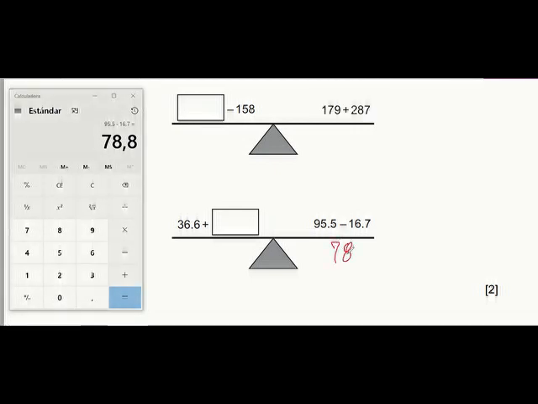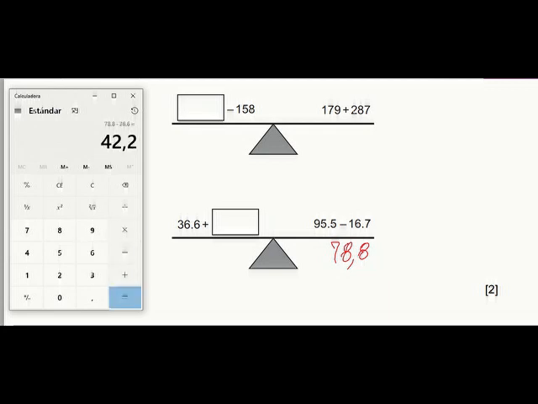78, do not scratch your paper, write it somewhere aside. Now, 78.8. So it says that's what I need to get on the other side. Now, on the other side, I am going to use this number I already have, and I am going to say minus 36.6. Yeah. So this minus 36 and 6/10.